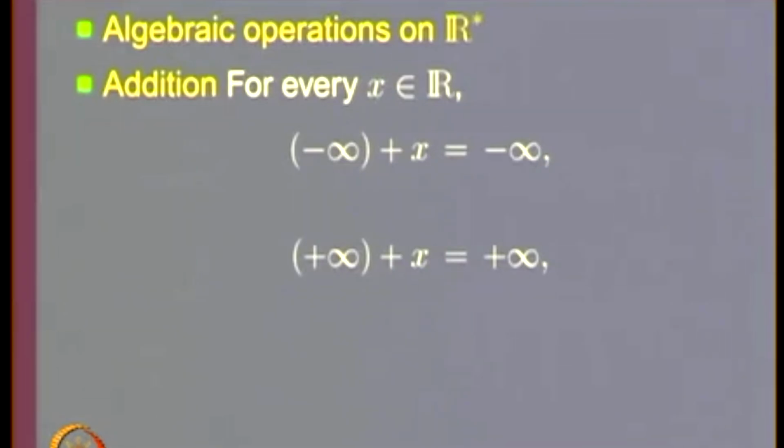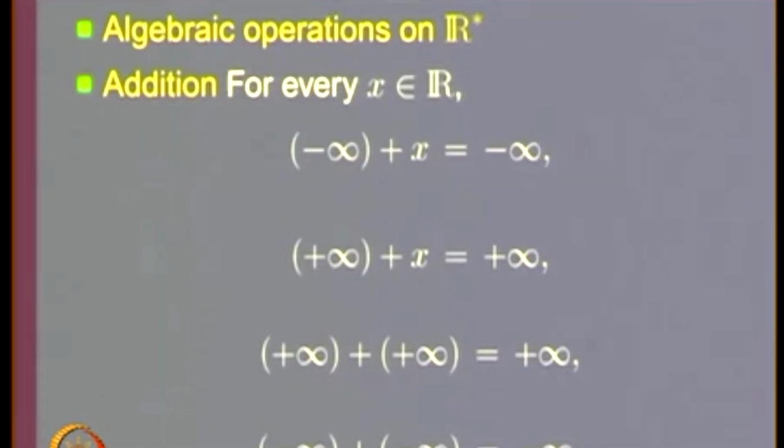Whatever be x, positive or negative, when added to minus infinity you get minus infinity, and when added to plus infinity you get plus infinity. Now, what is the outcome when infinity is added to itself? Plus infinity plus plus infinity is plus infinity, and minus infinity plus minus infinity is minus infinity.